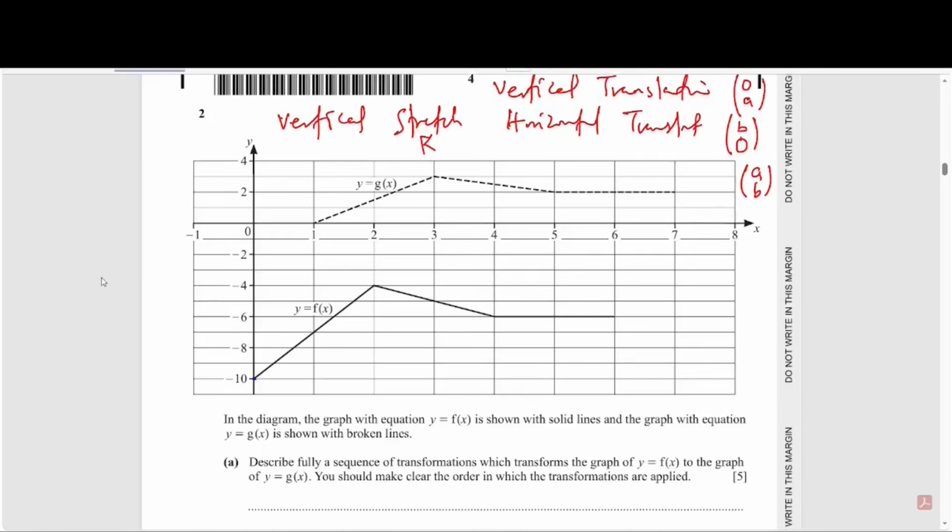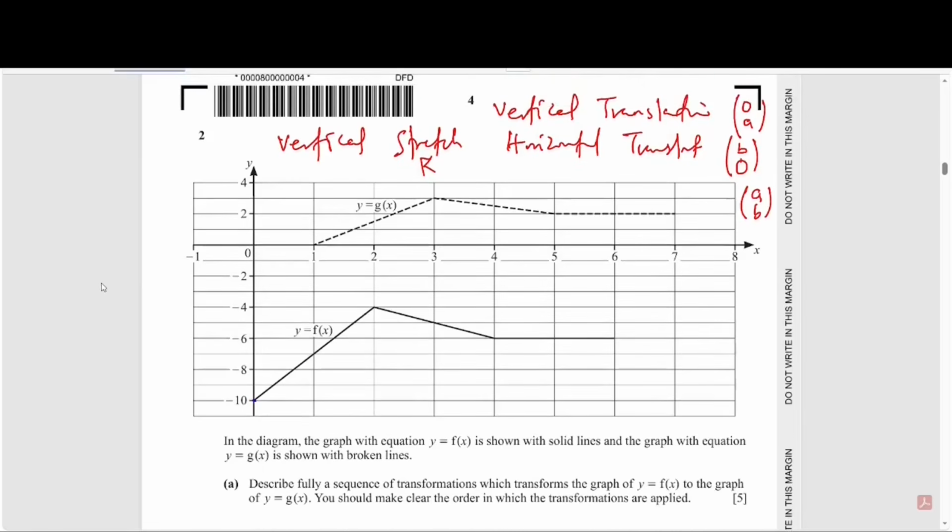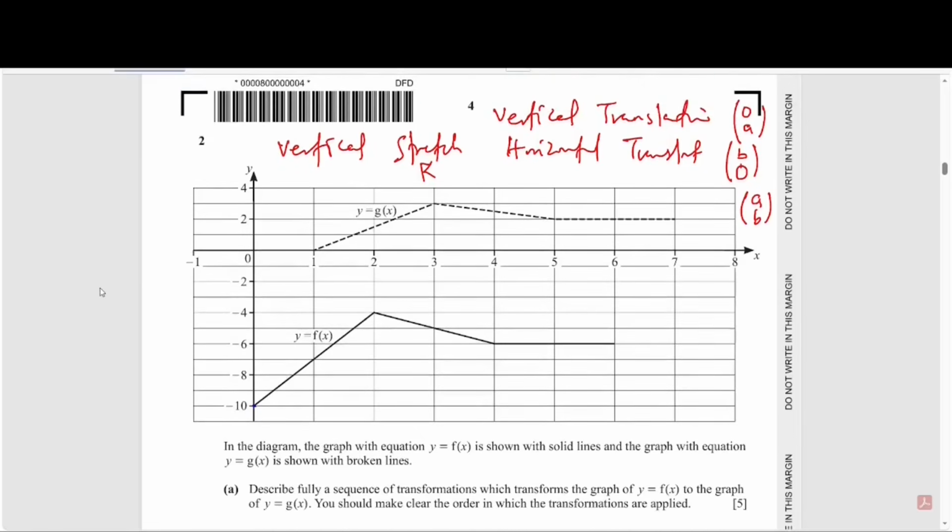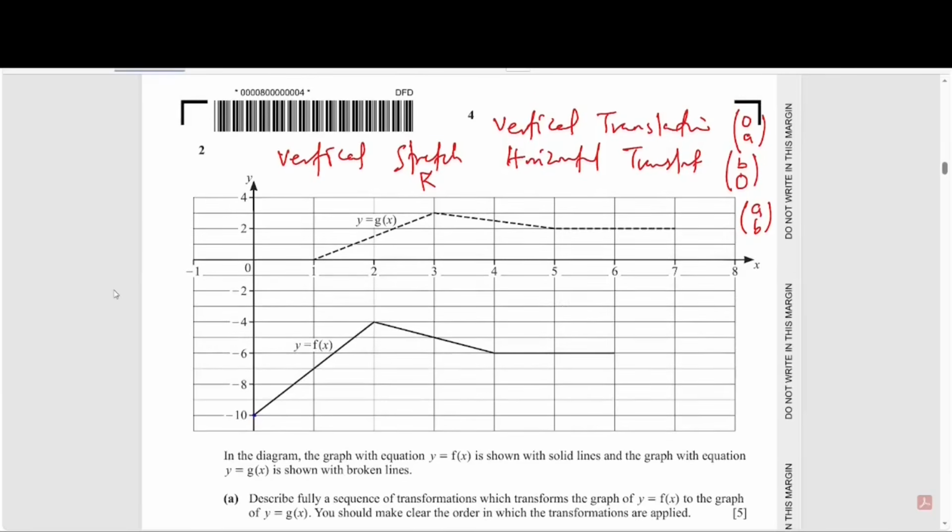Yeah, so now we go back to the three transformations that we found and find out which ones we are going to apply first. First of all, we have two vertical transformations, which are a vertical stretch by a factor k, and then a vertical translation by the vector 0a, right?